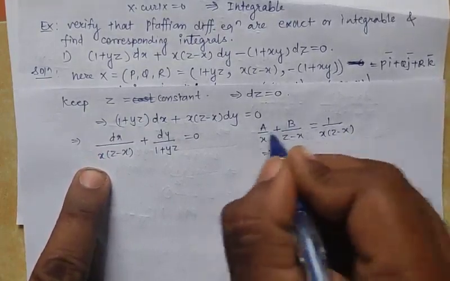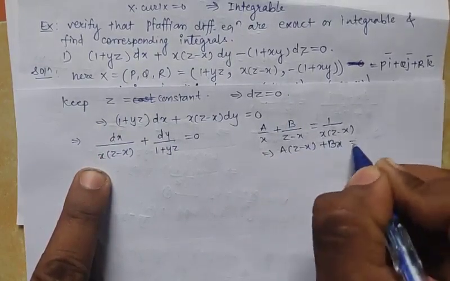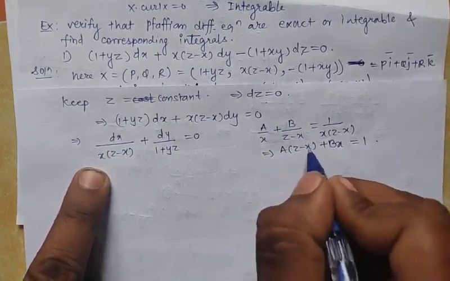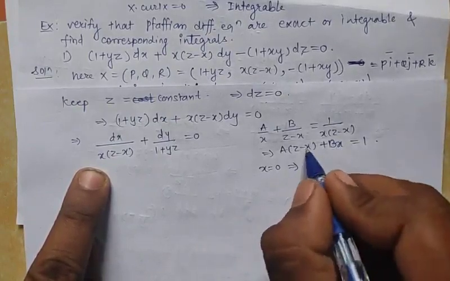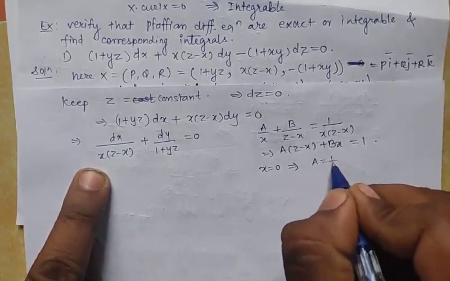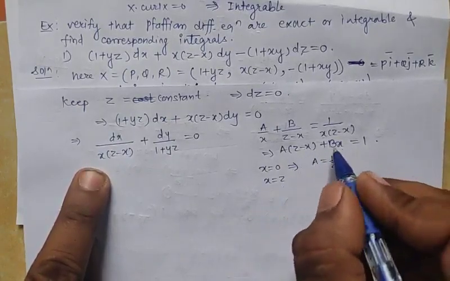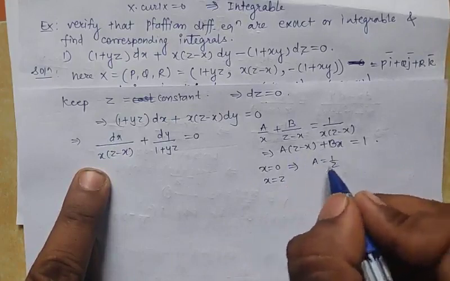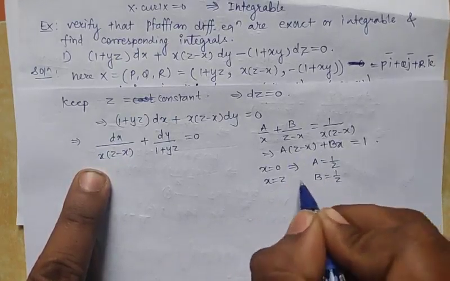After cancelling, we get a into (z minus x) plus b into x equal to 1. If we put x equal to 0, we get a equal to 1 by z. If we put x equal to z in this equation, this term gets cancelled and b will again be 1 upon z.